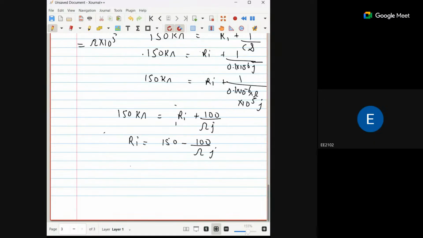So we can multiply j down. j square is minus 1, so that is plus 100 j upon pi. So 100 upon pi.